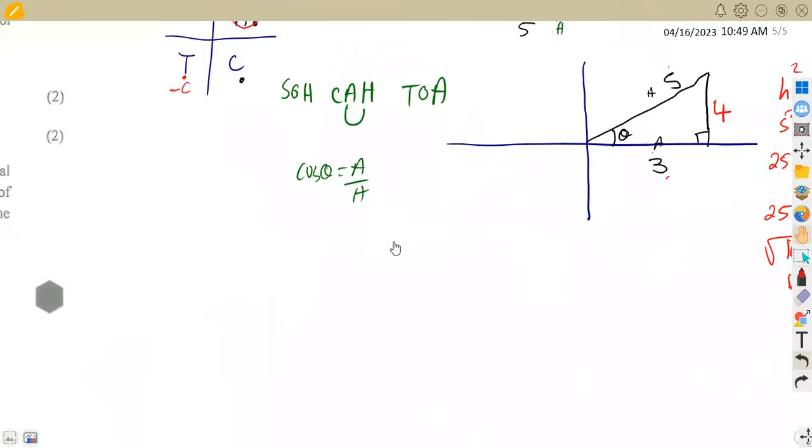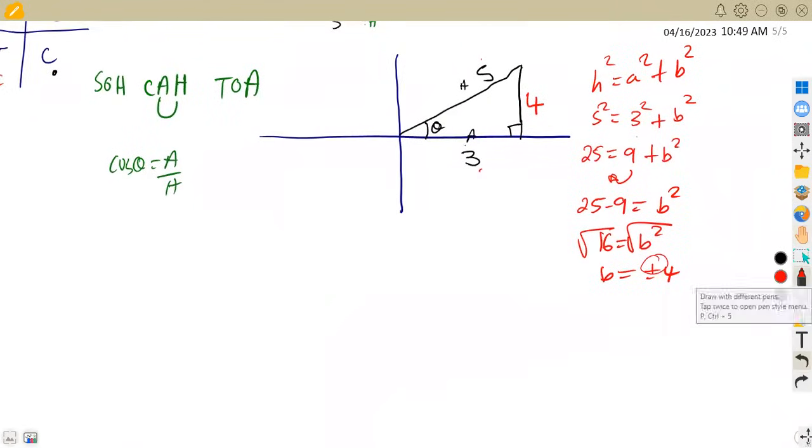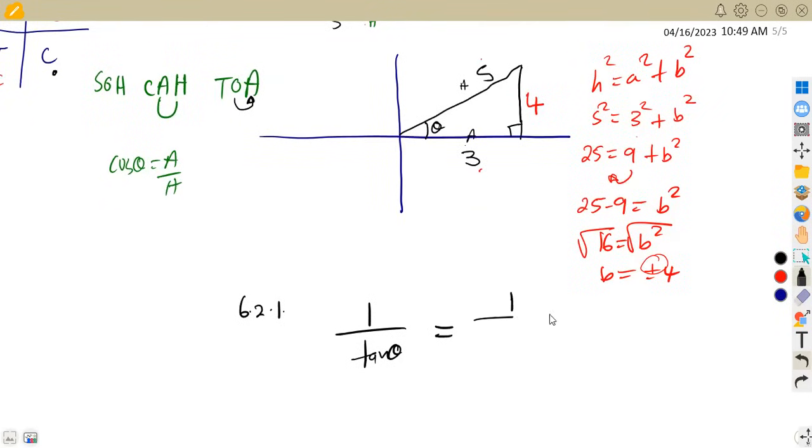All right, so 1 over tan of theta. Let's check how we can determine this, 6.21. Remember from our mnemonics here, tan theta is opposite over adjacent. So this is going to be 1 over opposite over adjacent, in this case. According to theta, this is your opposite, which is 4, so that's 4 over the adjacent, which is 3.